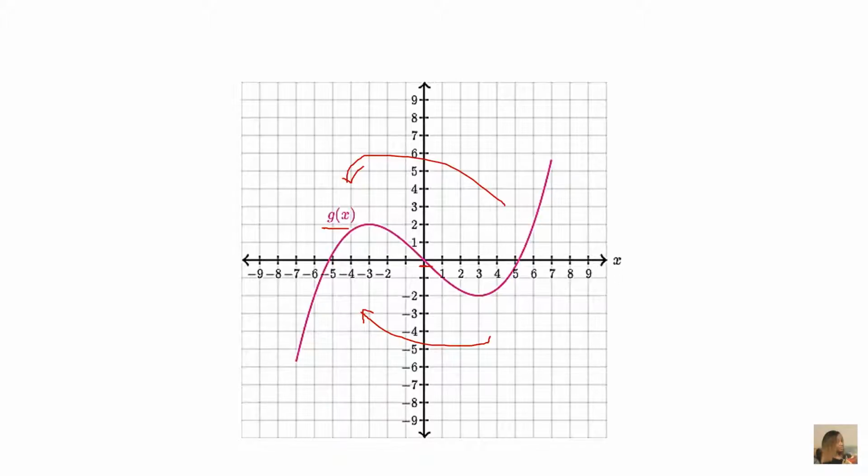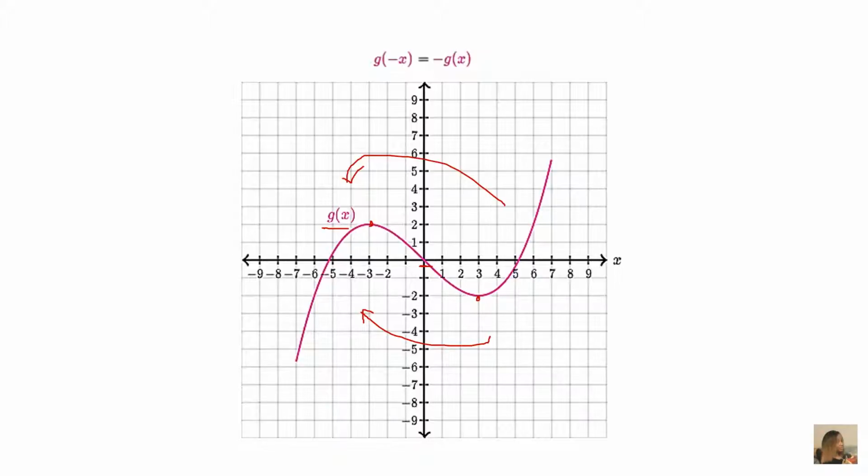And also, you have to notice that g of negative x is equivalent to negative g of x. So let's pick a point to prove this. For simplicity, I'm just going to pick negative 3. So g of negative 3 should be equivalent to negative g of 3. g of negative 3 is going to yield a y value of 2.